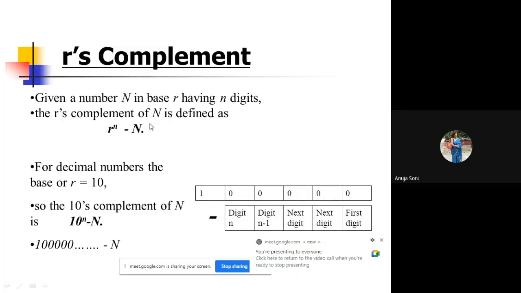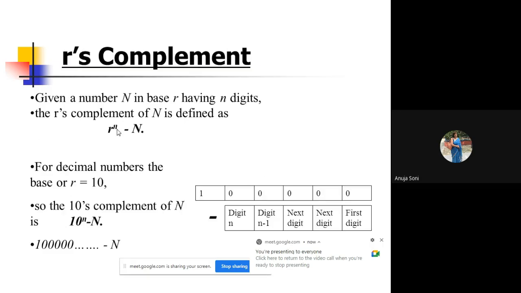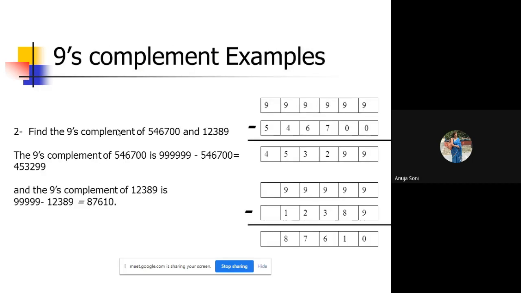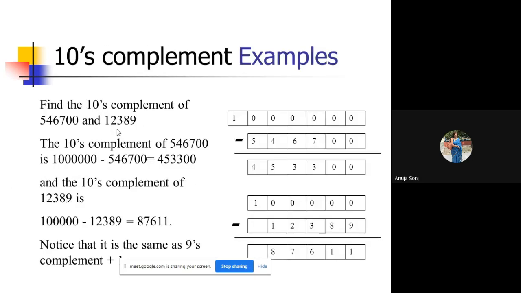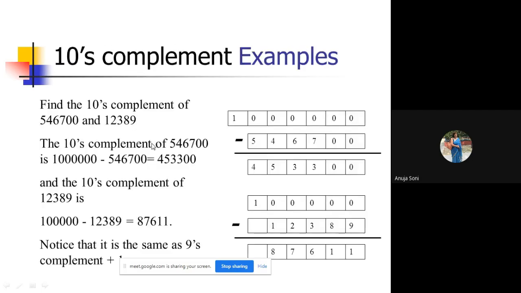So these were the generally seen examples. One more example has been taken in order to illustrate the concept of tens complement, how it is to be taken. See, there are two ways. Either you find your nines complement, add one, and that will give you the value of tens complement, or otherwise directly you can substitute the value in the formula in order to get the value of the tens complement.